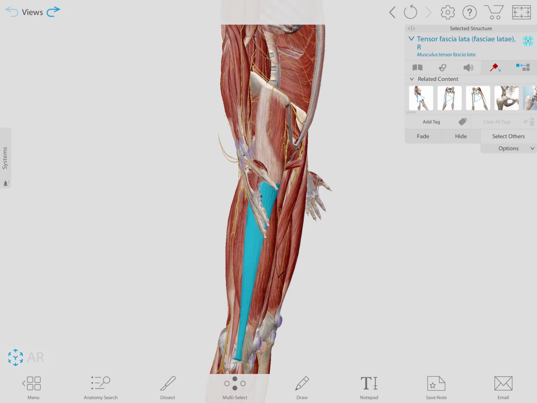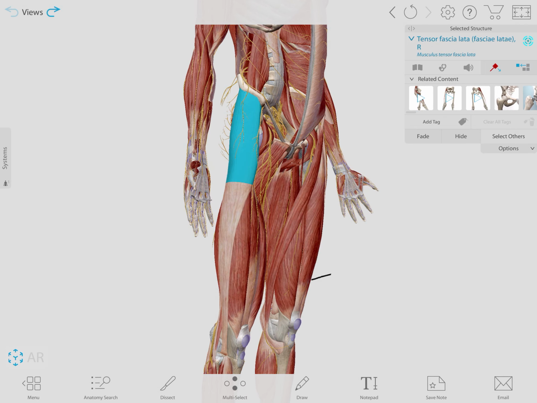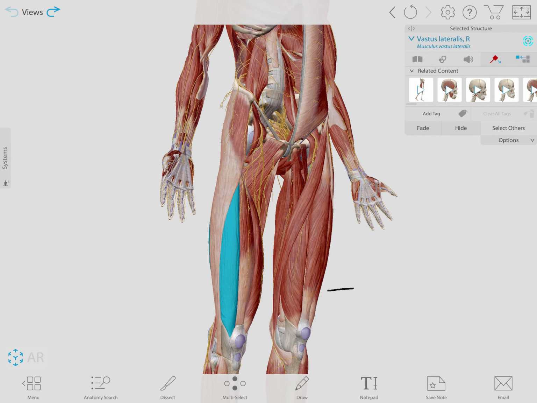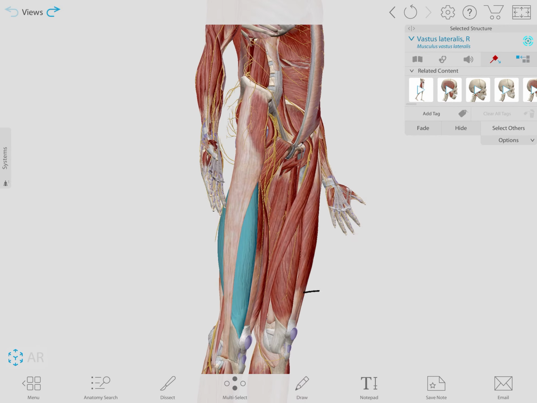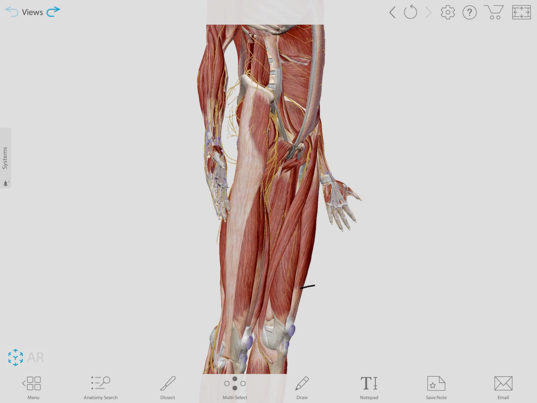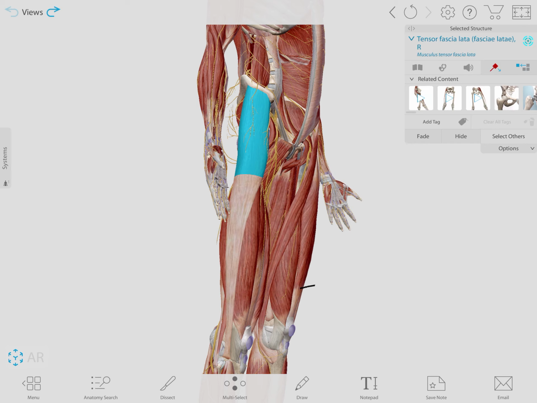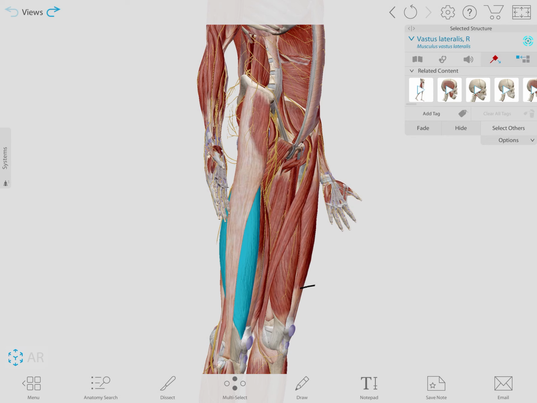But we have TFL, tensor fascia lata, a muscle that feeds into the iliotibial band, and right underneath the iliotibial band on the lateral side of the thigh, we have our vastus lateralis. Now, it's very common for vastus lateralis to be tight, and sometimes people can have some tightness in their TFL. So that tension from those muscles can be passed through into the iliotibial band, and sometimes the iliotibial band can even be stuck to the outside of the vastus lateralis.